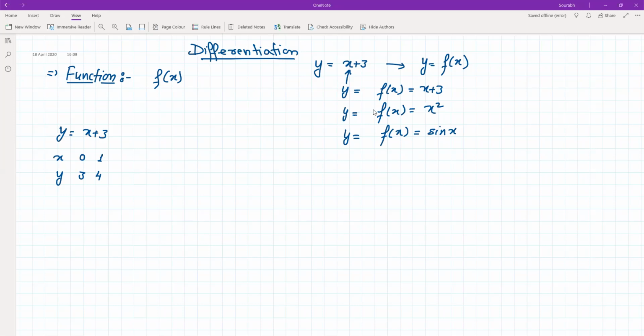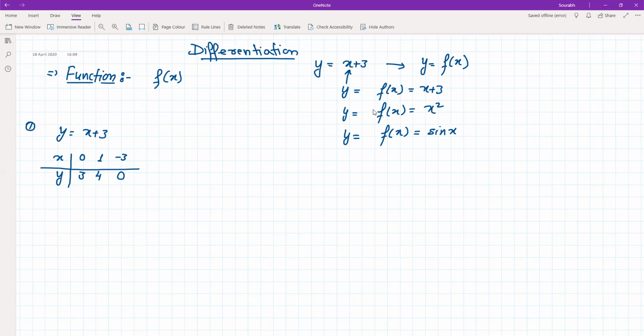Okay. And what will be y if x is minus 3? 0, sir. 0. So these are different values of y for values of x. So we can see here that whenever x changes, y is also changing. So that was our first example.